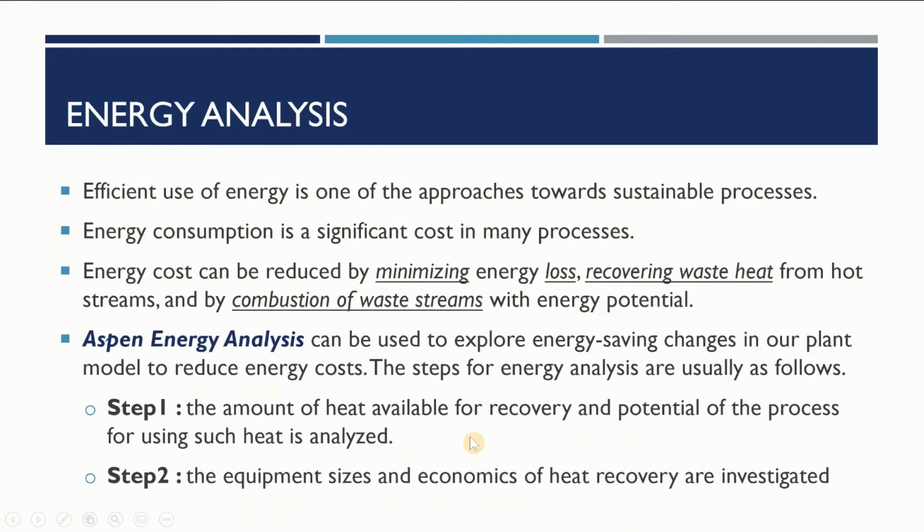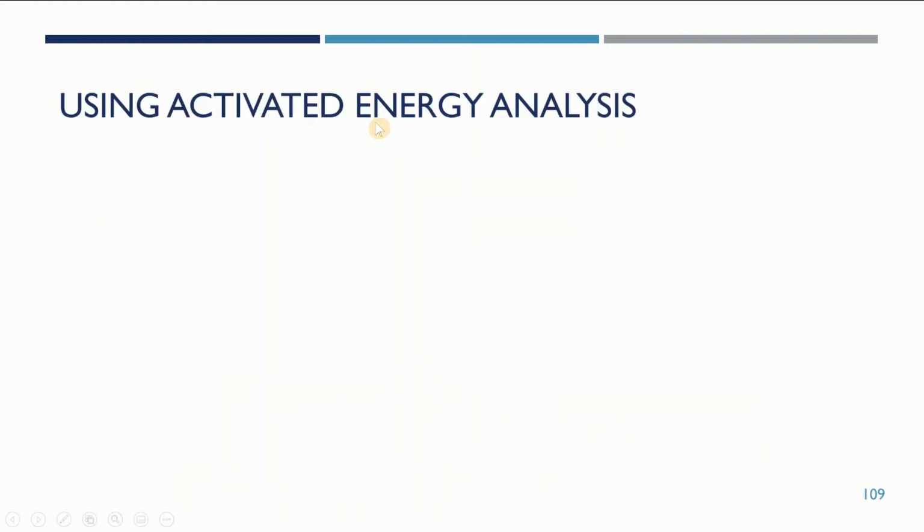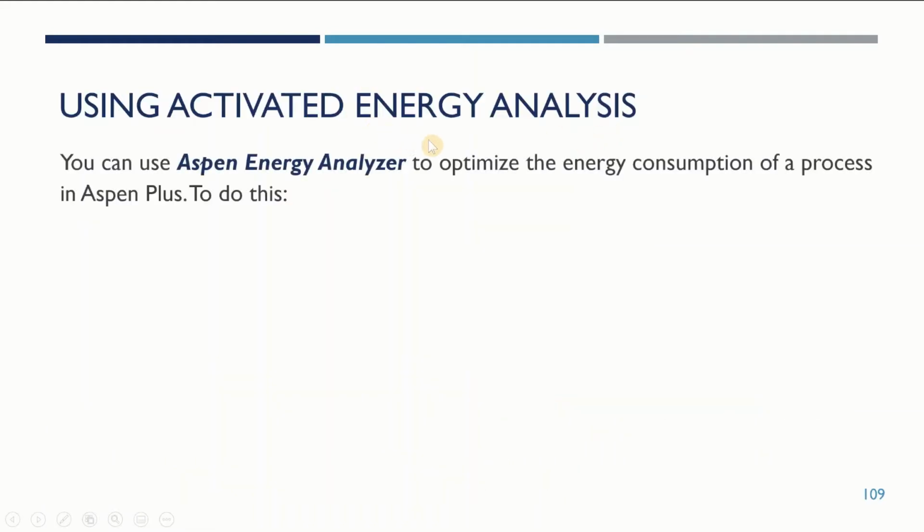Step 2 is to size the equipment and perform the economic analysis of the heat recovery system. To optimize the energy consumption of a process in ASPEN Plus through the use of ASPEN Energy Analyzer, you need to do the following.